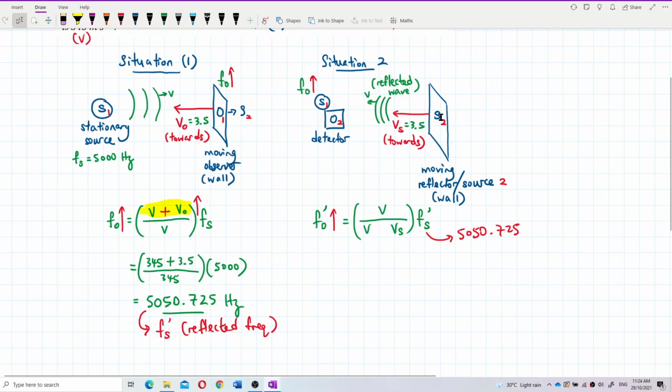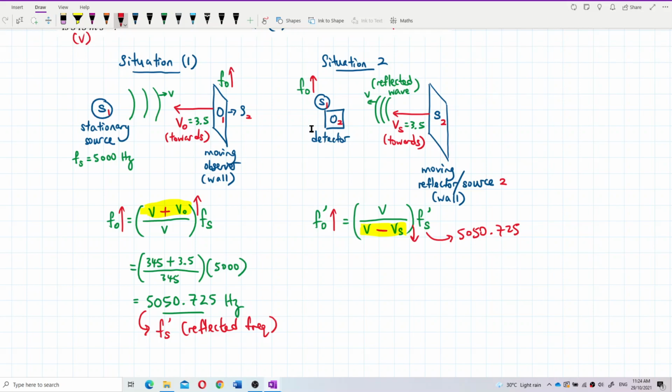But now the source is moving towards the observer, so the wave is further compressed. The detector should hear an even higher observed frequency. So how do we make the denominator smaller?